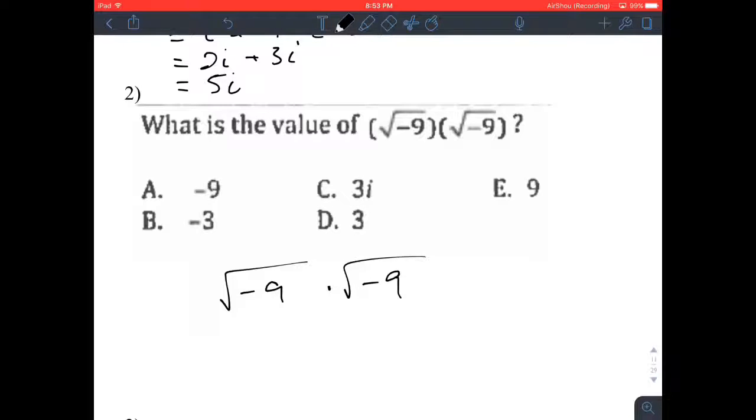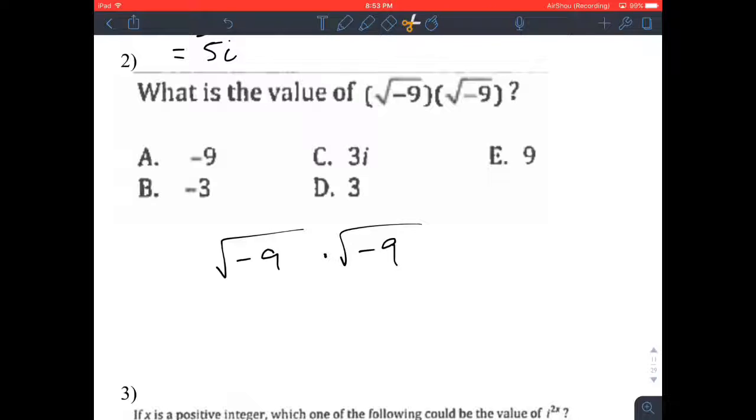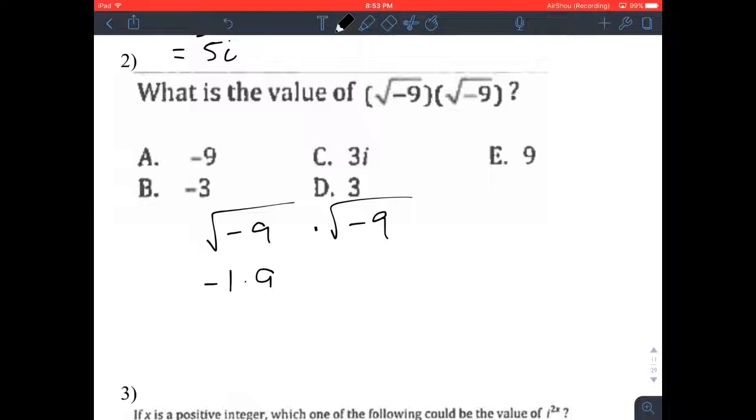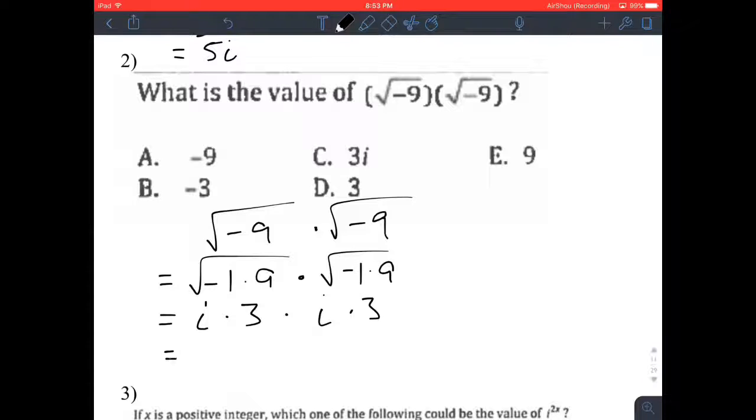If we were to rewrite this so that we have negative 1 times 9 times negative 1 times 9. The square root of negative 1 is i. Square root of 9 is 3. Square root of negative 1 is still i. Square root of 9 is still 3. This is going to give us 3 times 3, which is 9, times i squared.